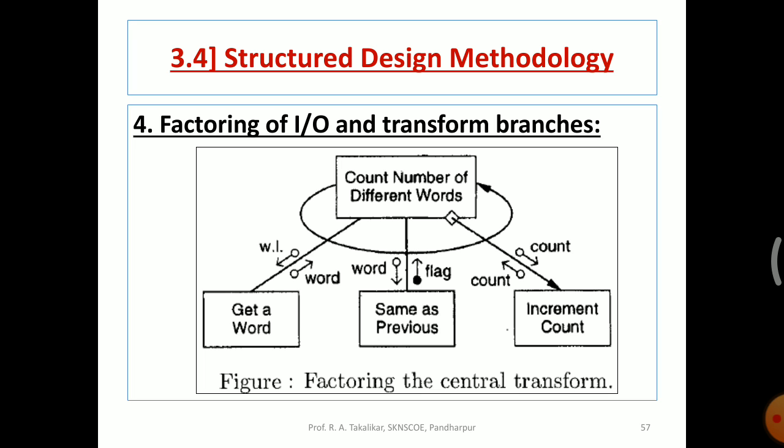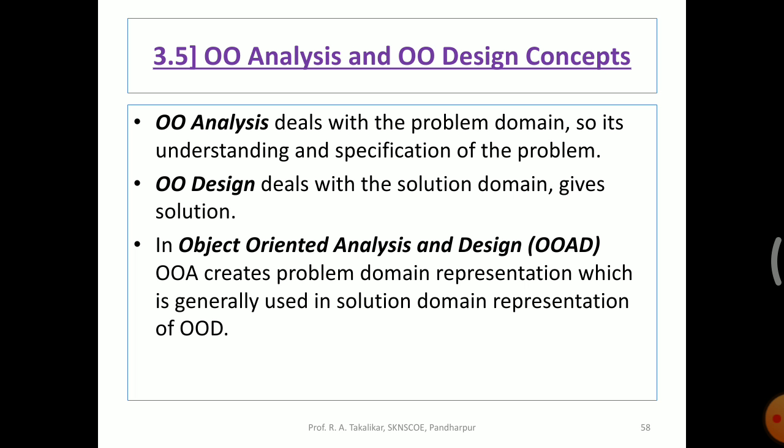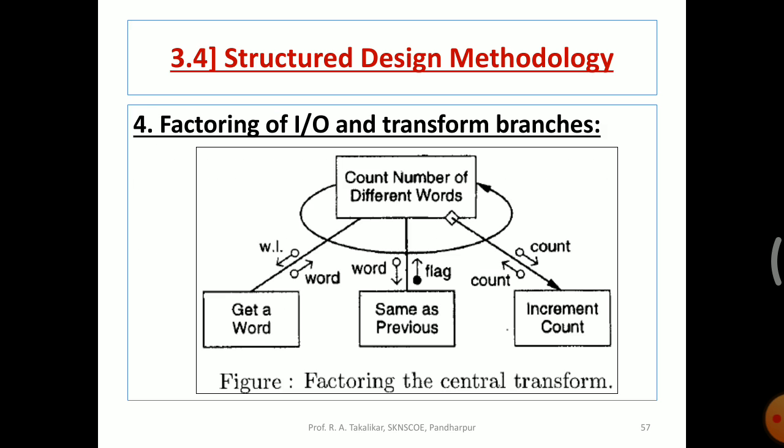If it is decomposable, factor it. So that was the last step in the structure design methodology. Please understand, it's up to the designers whether a particular module is decomposable. If it is decomposable, perform the factoring and add the labels. So keep on doing this. That was the fourth step.